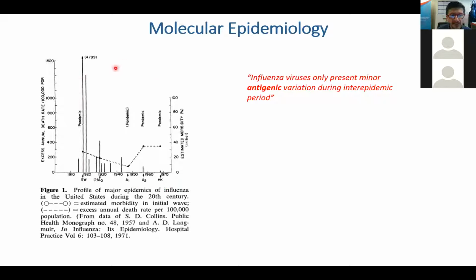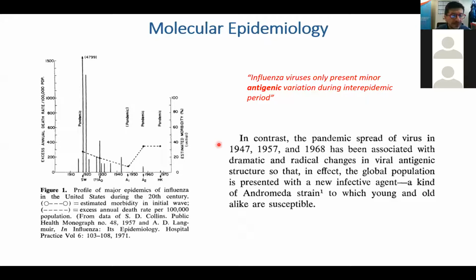One of the observations, which is clearly epidemiologic, is that the viruses involved in the interpandemic or interepidemic periods only had very small changes at the antigenic level. And when we talk about antigenic, we're actually talking about a change in the protein, in other words, a molecular change.